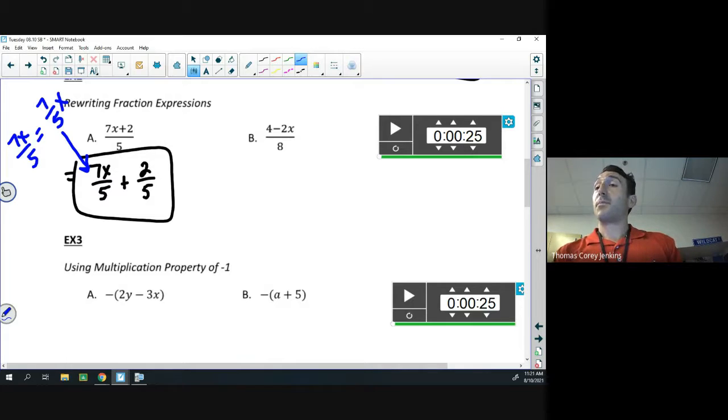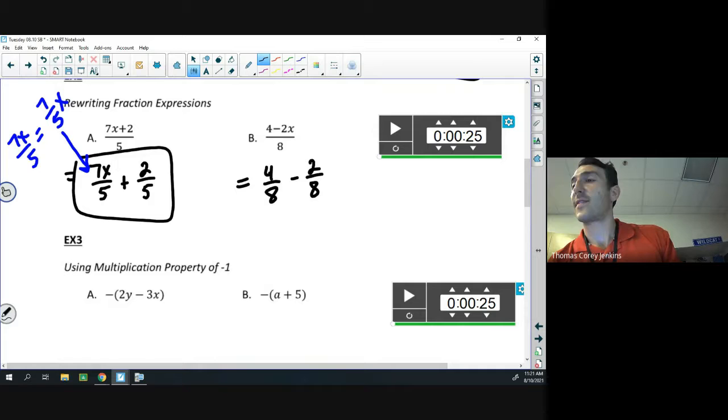All right, so looking at B, we could split that up as 4 over 8 minus, let's write that as 2/8 x. Write it in a different way. Now if you enter that into Math Excel, it's going to say that your answer is equal to the right answer, but it's not simplified, right? What can I do on these? Yeah?